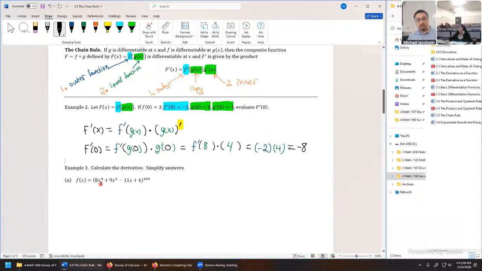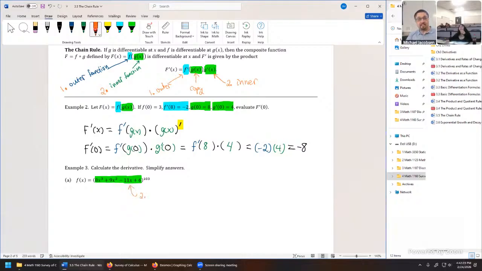And when you look at this thing, there's really two overall functions you're dealing with. There's the degree 3 cubic polynomial, and then there's the power function of power 103. But one function is definitely on the inside of the other function, right? The cubic polynomial is on the inside of the power 103 power function. So that makes this whole function right here become the inner.